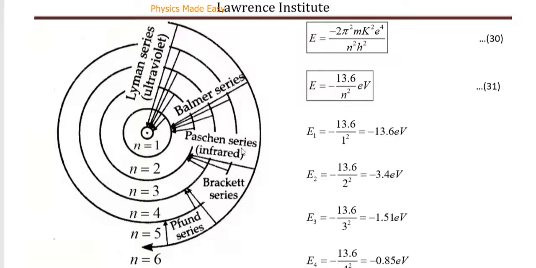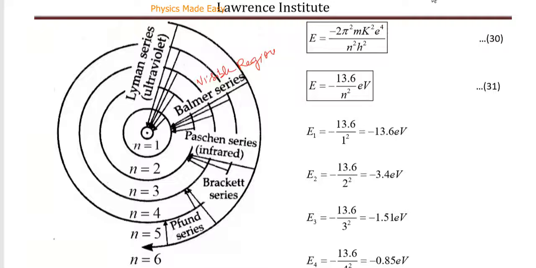Balmer series lies in visible region. Their wavelength varies roughly from 3800 angstroms to 7800 angstroms. Exact calculation we shall make. This falls in visible region.